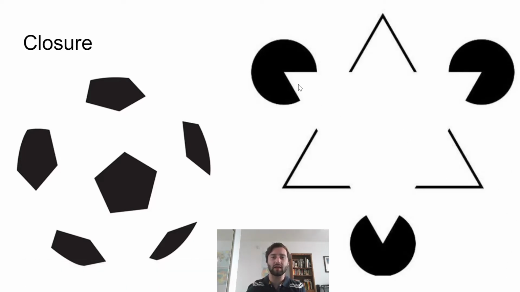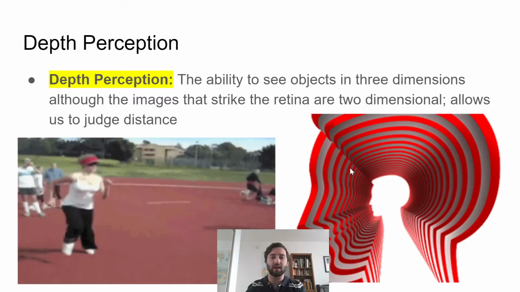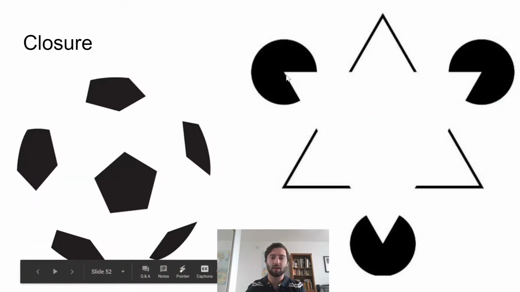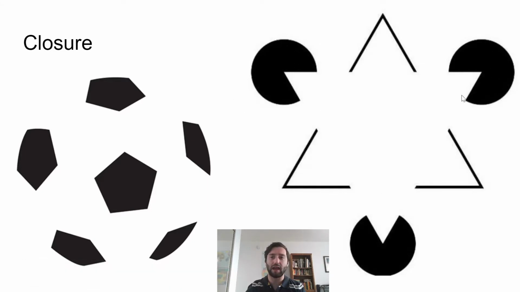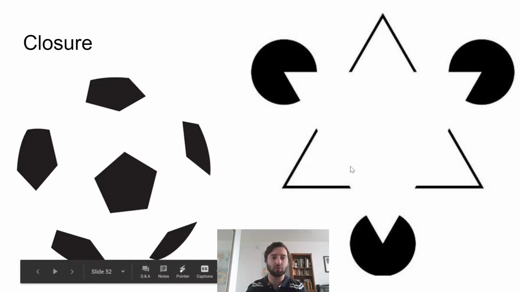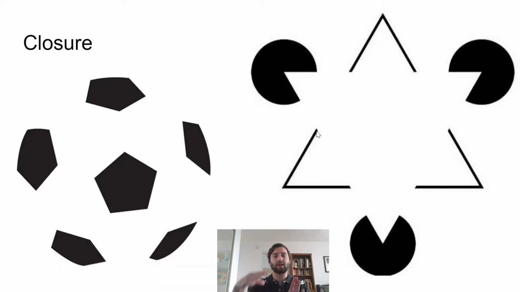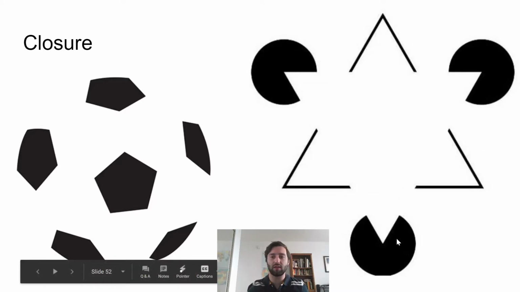Yet, when you look at it, it feels like there's a line that runs right down here, one that runs across, one runs across. And it looks like there's a triangle sitting on top of another triangle with maybe circles underneath it. And the reason we're seeing that again is closure. This idea that we expect shapes to be closed off, to be separate. So we connect these things even though there's nothing here.